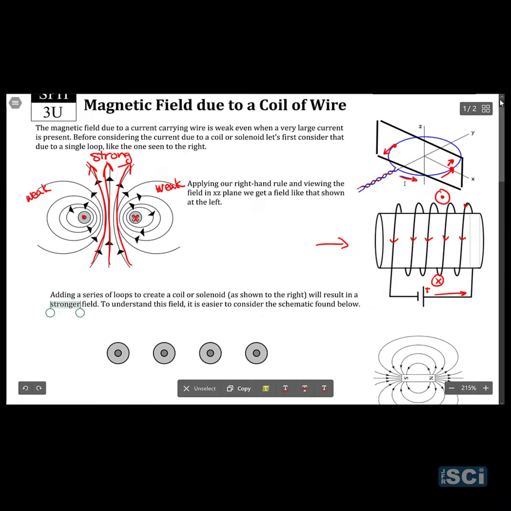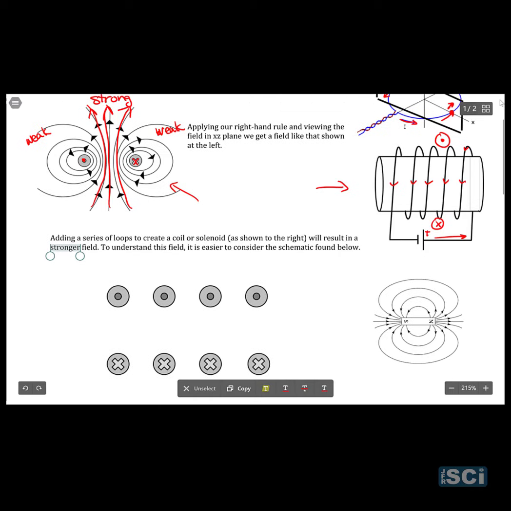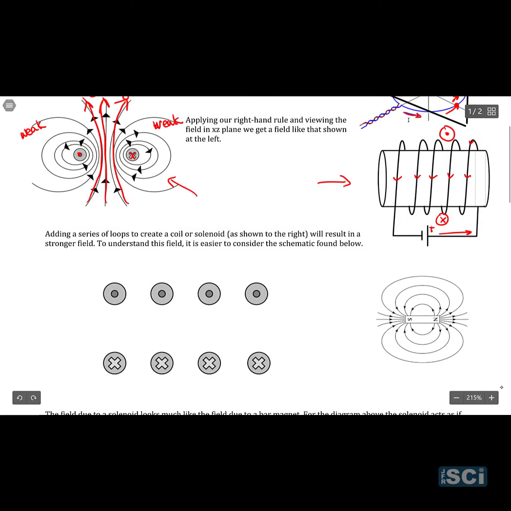Okay, so let's investigate how this single loop can be turned into multi-loops. Now, if I take a slice of just the top of the coil, I get this region here. So I have 1, 2, 3, 4 wires that are coming straight out of the page on us. And if I look at the bottom of our coil, we have 4 wires that are going into the page.